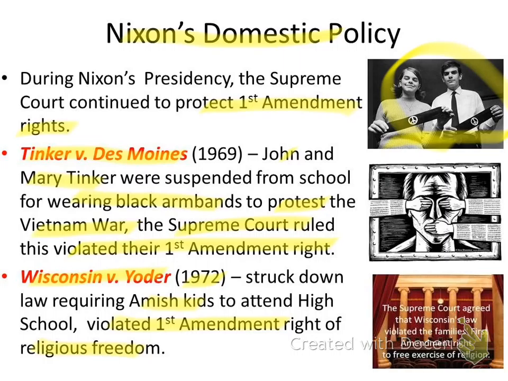Now, again, because of the difference in the Amish faith from the norm, the violation of religious freedom was ruled to be so profound that they did not have to attend public schools. Now, you can see this as a win for them, but if it's taken to the extreme, let us say that there is a Muslim family and they believe in jihad.